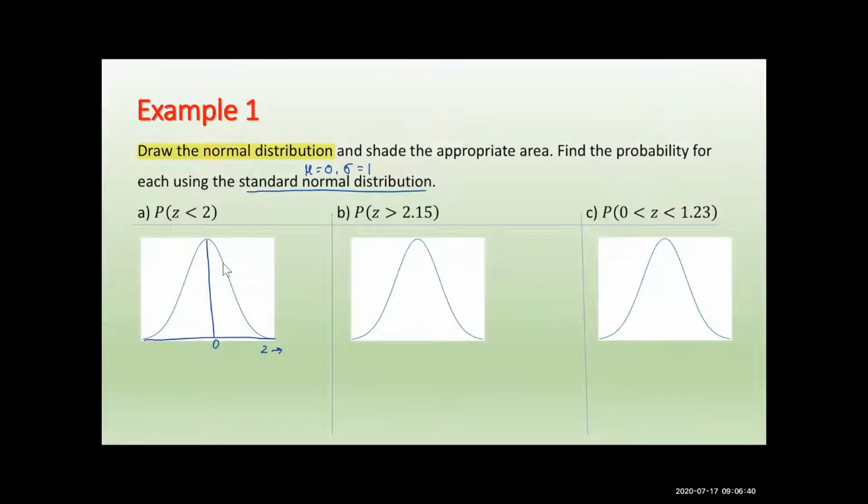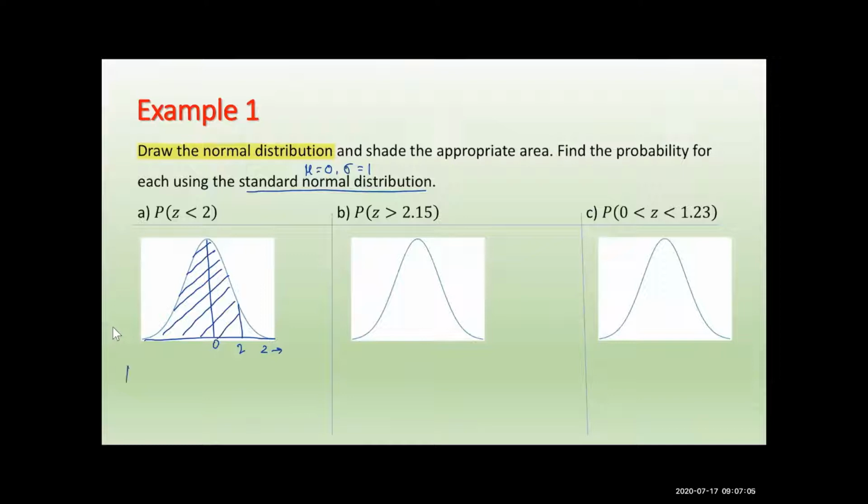If 0 is here, your 2 will be somewhere there. So this is your z equal to 2. Less than 2 means to the left. That is, we have to find this area.